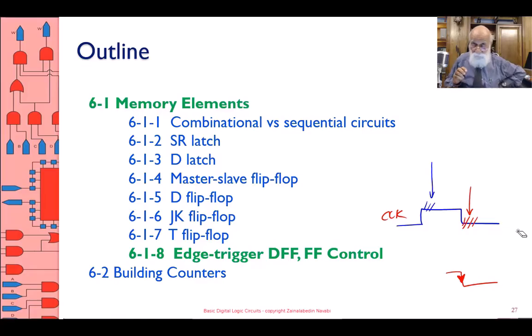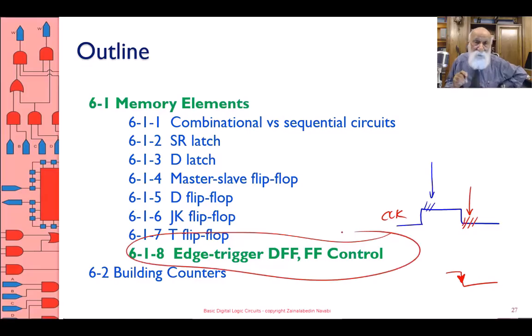There is a solution, and that is designing an edge trigger D flip-flop. An edge trigger D flip-flop means I don't have the blue area, I don't have the red area. Instead, what I have is an edge, either a falling edge or a rising edge. Collecting the input happens on the beginning part of the rising edge.